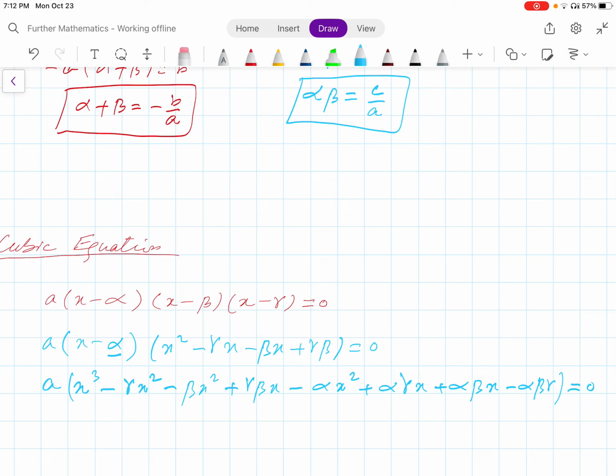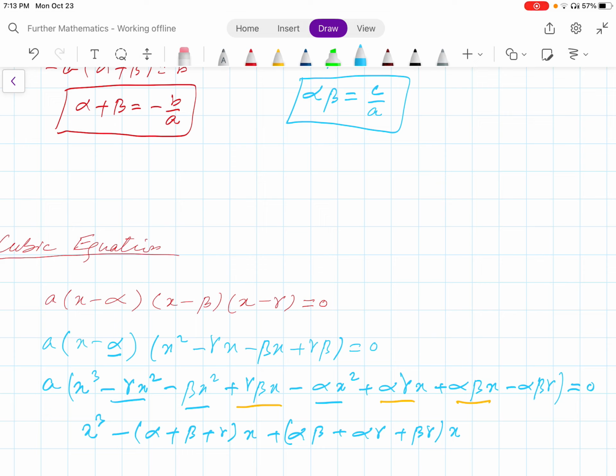Let me take x squared common from the terms, so it's x cubed minus, from these three terms we can take x squared common and a minus sign common, so we have alpha plus beta plus gamma, x squared outside. Then from the terms where x is involved, we can take x common, so it's going to be plus alpha beta and alpha gamma and beta gamma, x outside.